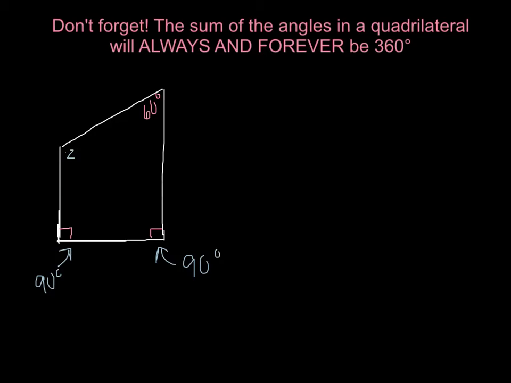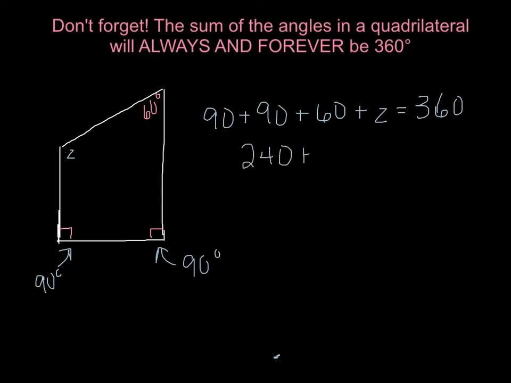So we'll go ahead and do 90 plus 90 plus 60 plus Z will equal 360. And when I add 90 plus 90 plus 60 together, I get 240 plus Z will equal 360.